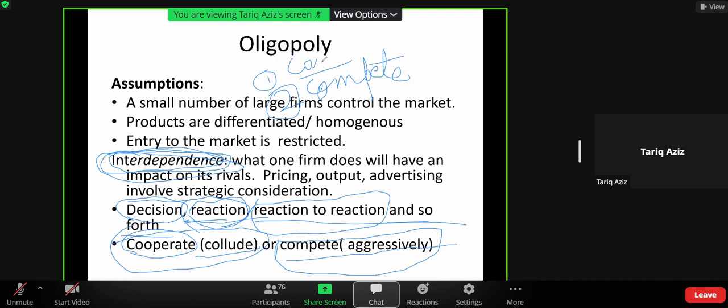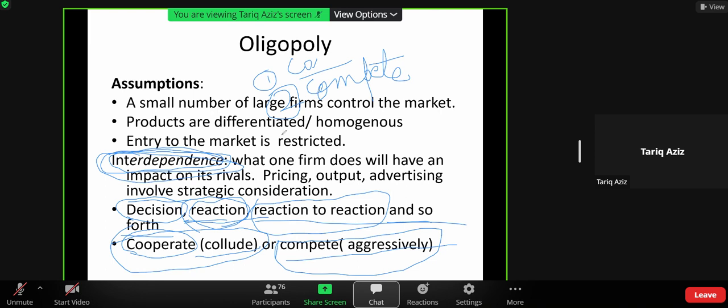From the perspective of customers and consumers, if firms collude, in that case, customers will suffer, because customers have to pay more.